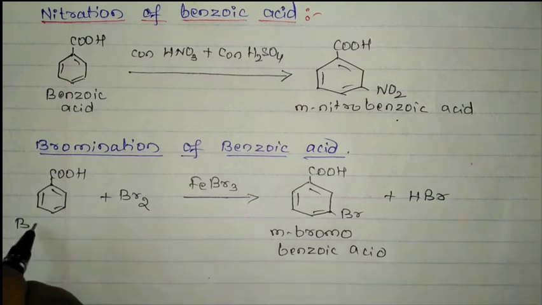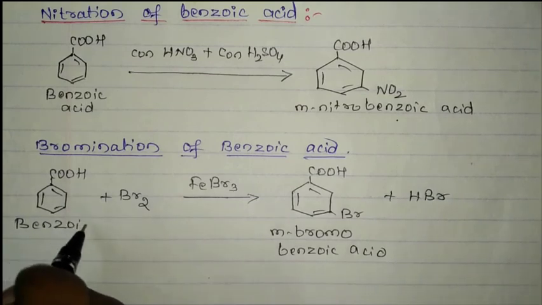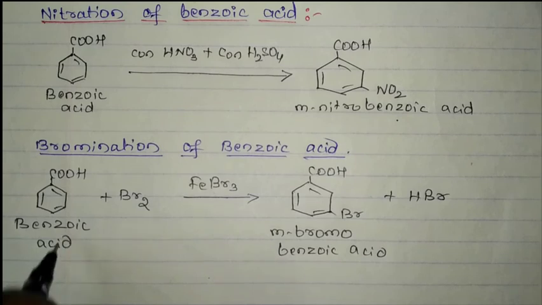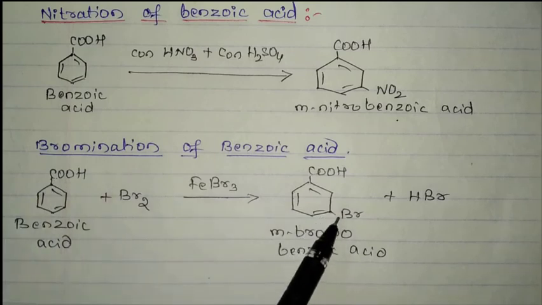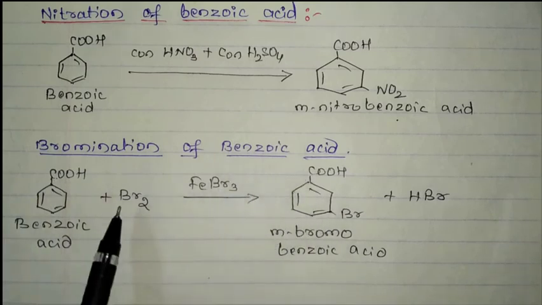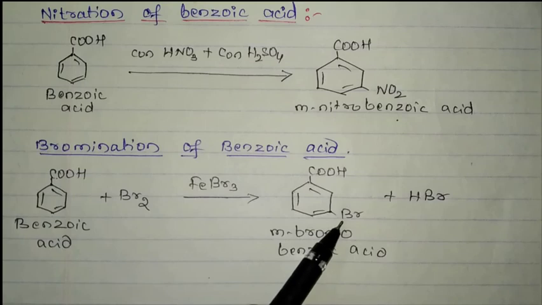This is benzoic acid. As we have discussed, the COOH group is deactivating, but it is meta-directing. Hence, the incoming electrophile, in this case Br+, attacks the meta position. So we are going to get meta-bromobenzoic acid. This is about electrophilic substitution reactions of carboxylic acid.